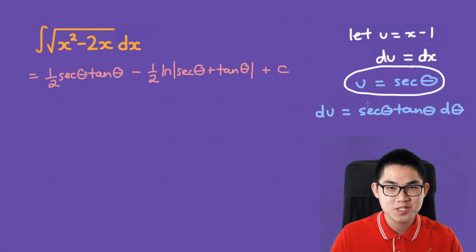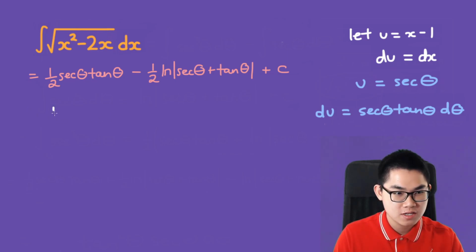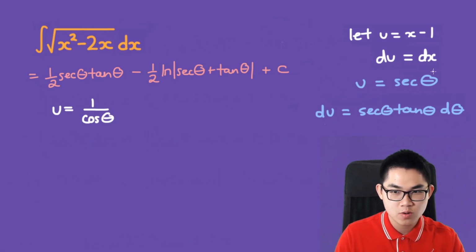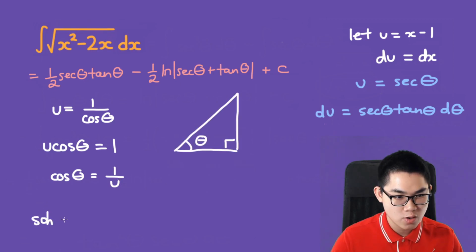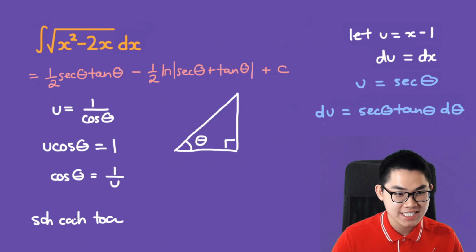This is where our initial assumptions come in. So u is equal to secant, which is u is equal to 1 over cosine, because 1 over cosine is secant. Then we have u times cosine is equal to 1, and cosine is 1 over u. Using the SOHCAHTOA rule, we can see that cosine is adjacent over hypotenuse.